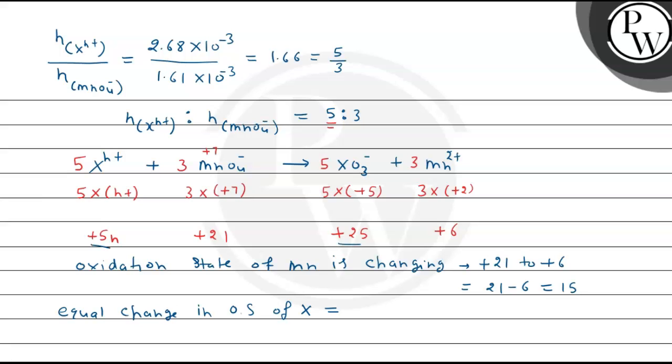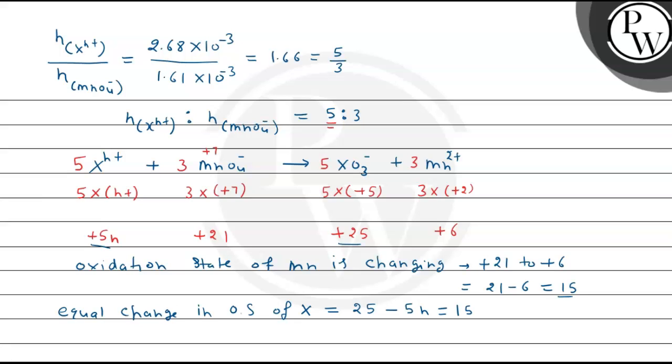So it will be 25 minus 5n, and it should be equal to the change in oxidation state of manganese, which is 15. So we are putting it equal to 15.